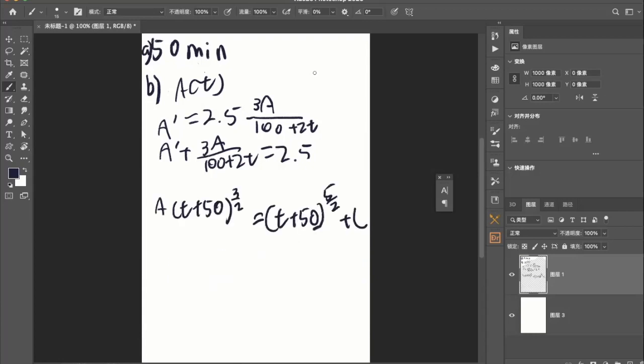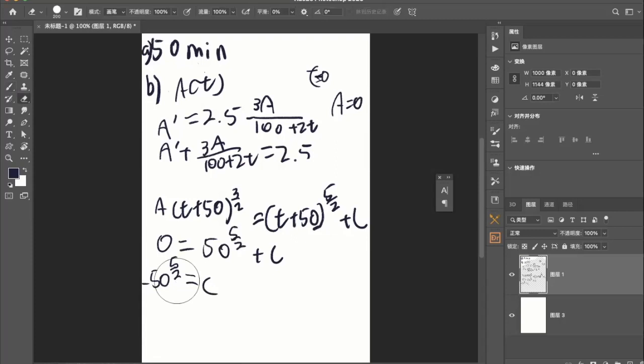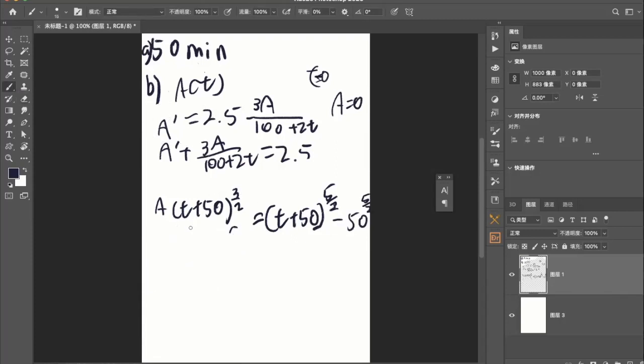So what will be the constant? We know at time t equals 0, there was only distilled water in the tank, so the concentration value should also be 0. Therefore, plugging 0 in will become 15 to the 5 over 2 plus c, so c equals negative 15 to the 5 over 2, and then divide both sides by t plus 15 to the 3 over 2. 2 over 2 will be 1.